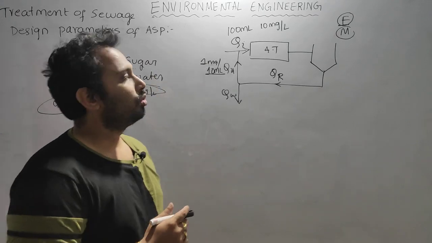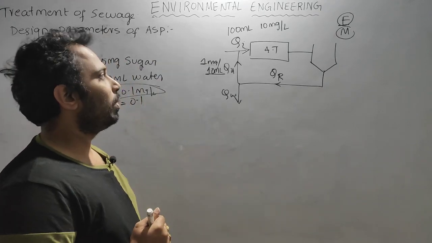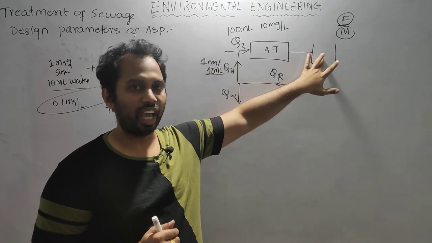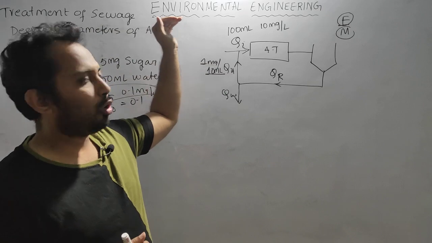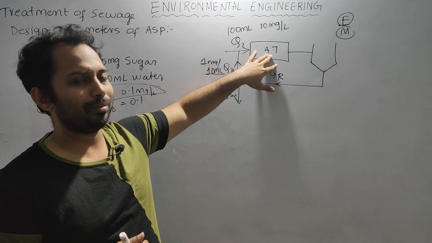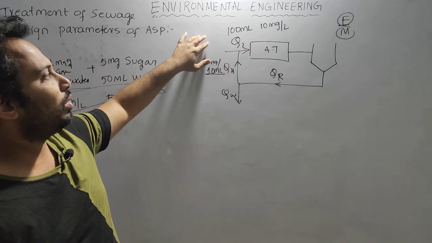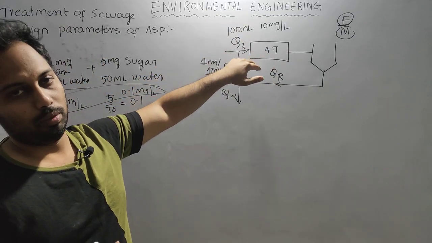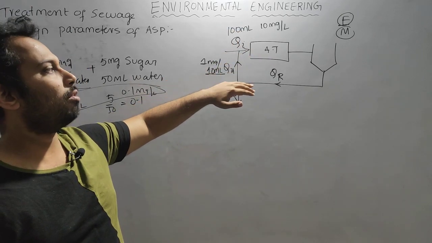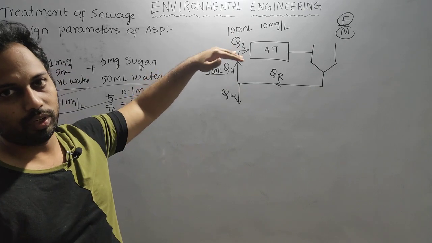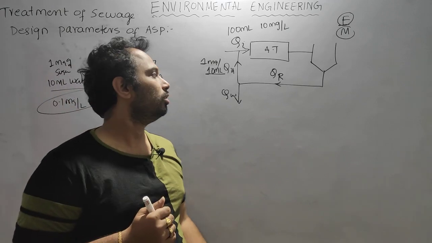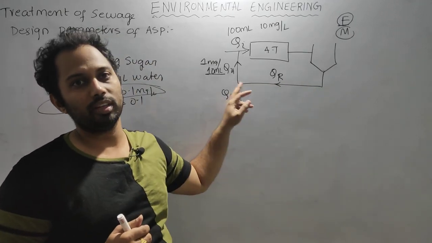To maintain this, because here what is happening is microorganisms are moving from the aeration tank to the secondary sedimentation tank, and a new microorganism concentration is entering here. This new microorganism concentration, which is coming along with the influent water, the sewage, will be lesser, but we want to keep a proper value, so we need to raise it. In order to raise the value, we need to bring some activated sludge into it.